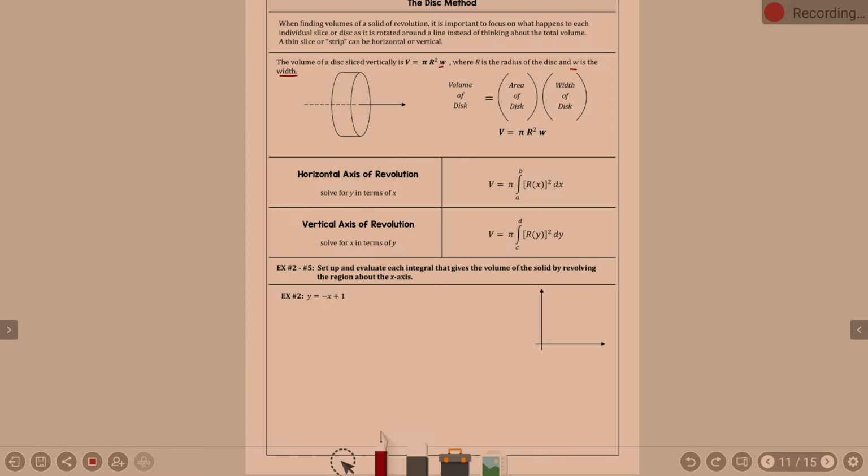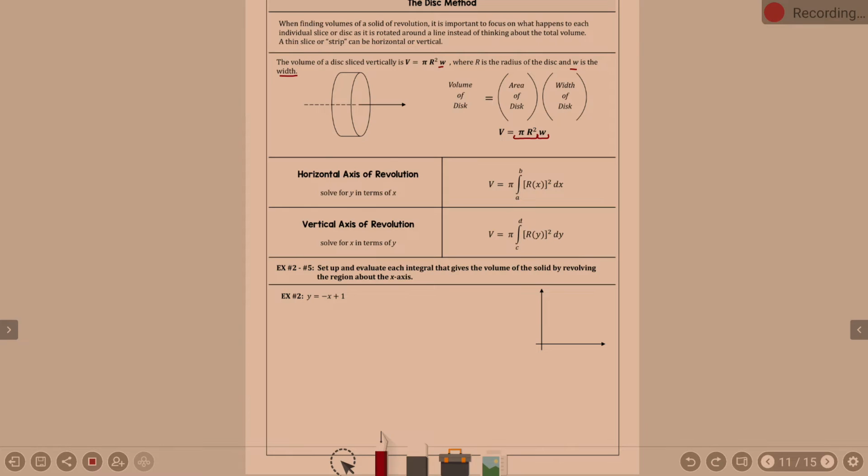The volume of the disk can really be broken up into the area of the disk times the width of the disk. I was getting ahead of myself on the other page. The area of a circle is pi r squared, times the width or the height, which in this case we used as w.